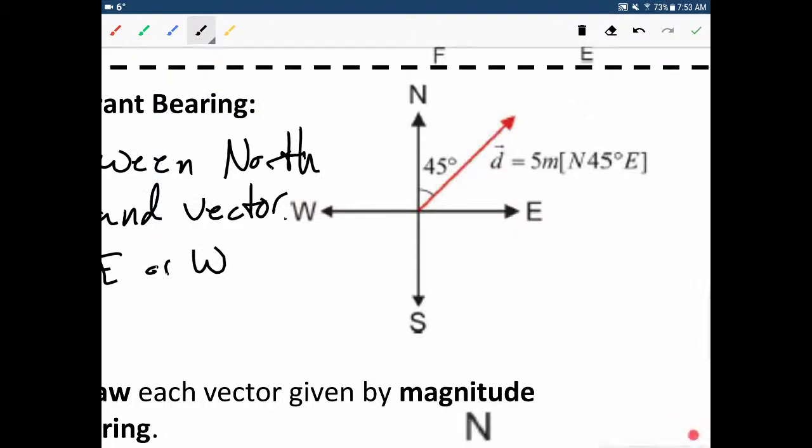For instance, this one we started at north, we went towards east 45 degrees, so it says north 45 degrees east.